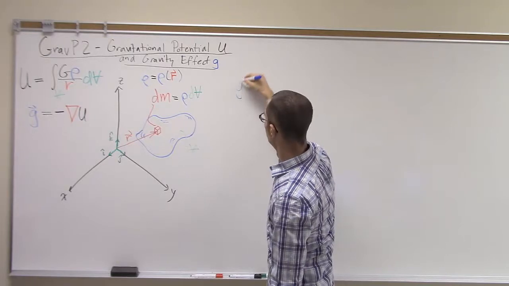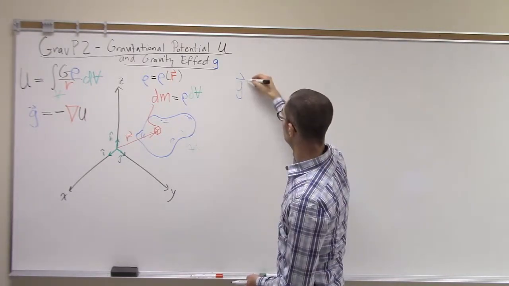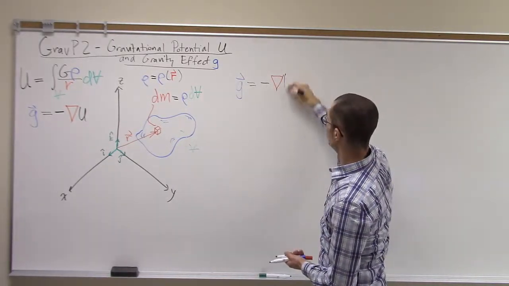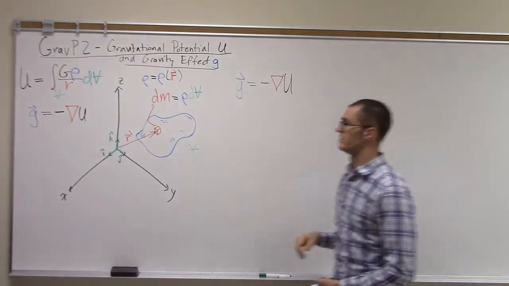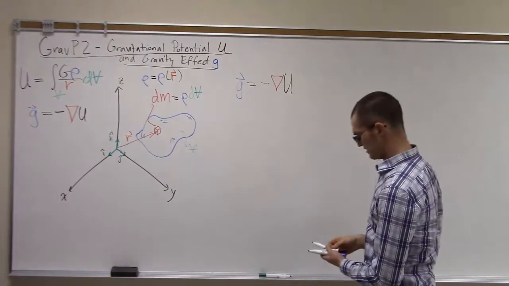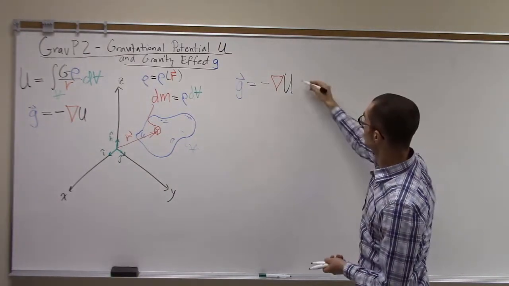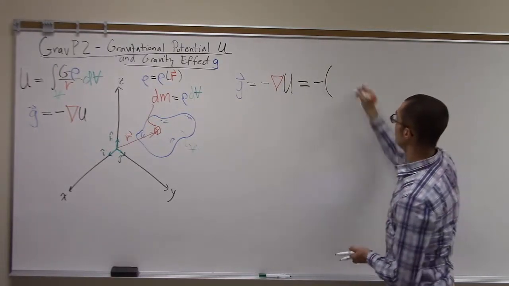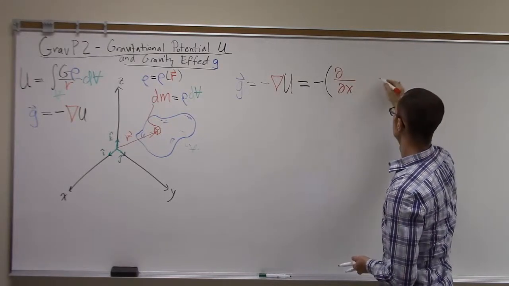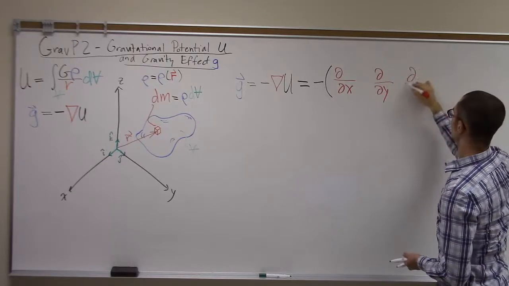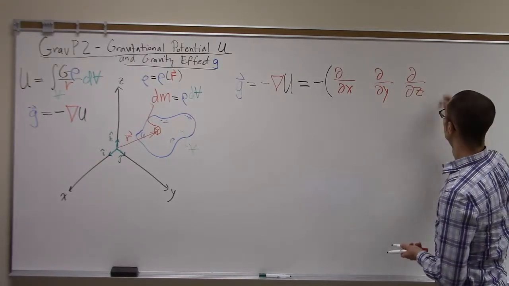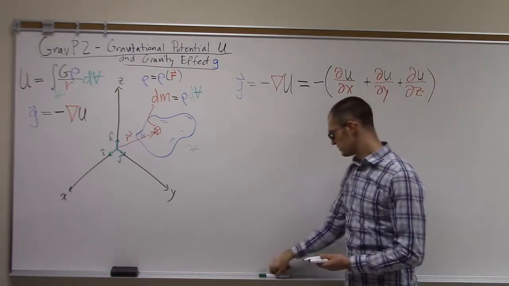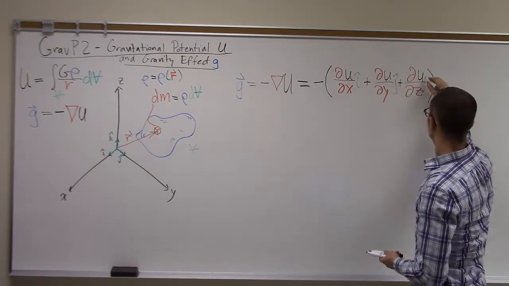So g is equal to the negative of the gradient of the gravitational potential, and expanding the gradient, we have d by dx, d by dy, d by dz of U, i, j, k.